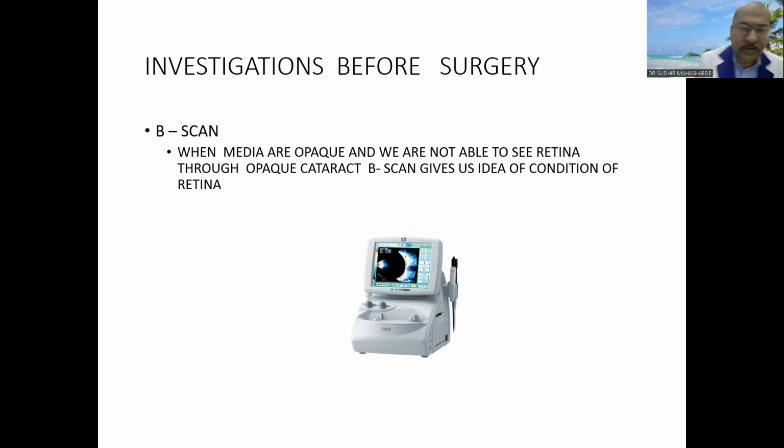To find that out, we have something called a B-scan, with which we can analyze the condition of the vitreous cavity before the cataract surgery and assess whether the retina is on. Especially in white cataracts or total black cataracts, it is always good to have a B-scan done before the cataract surgery.